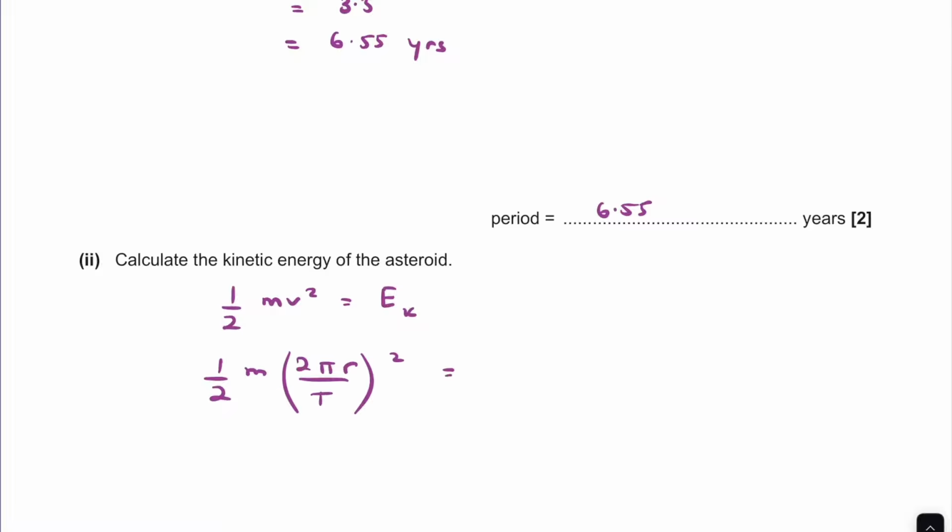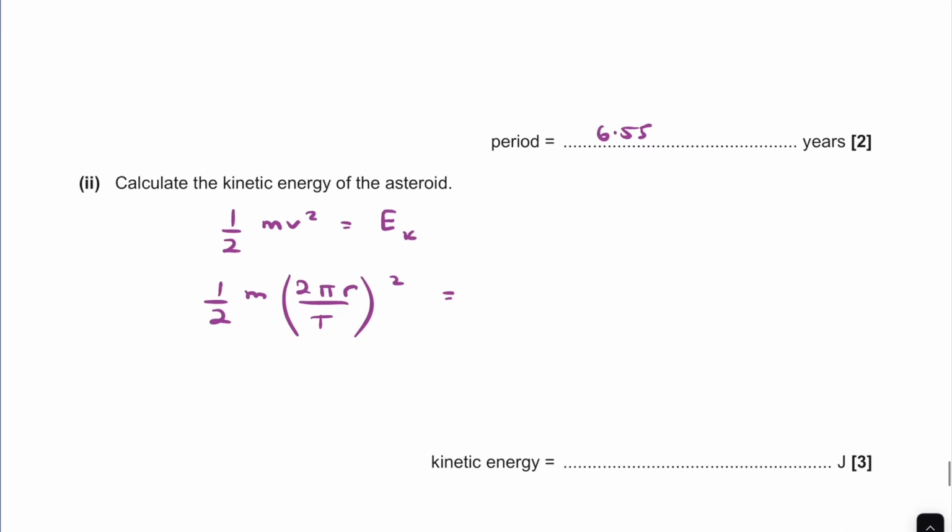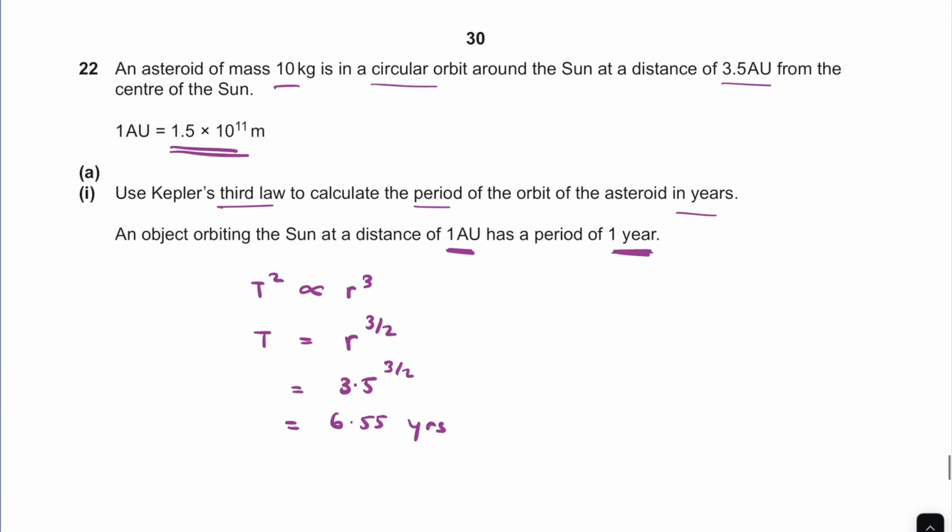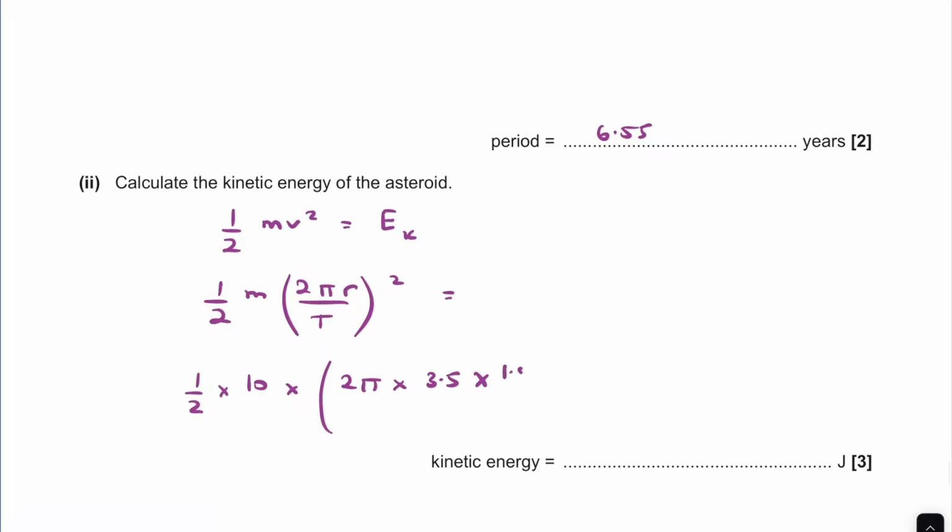And if I just input the numbers, we have been given the mass as 10, and half times 10 times 2 pi times radius 3.5 AU multiplied by the distance of 1.5 times 10 to the 11 meters, divided by time period 6.55 times 365 days, 24 hours, 3600 seconds.